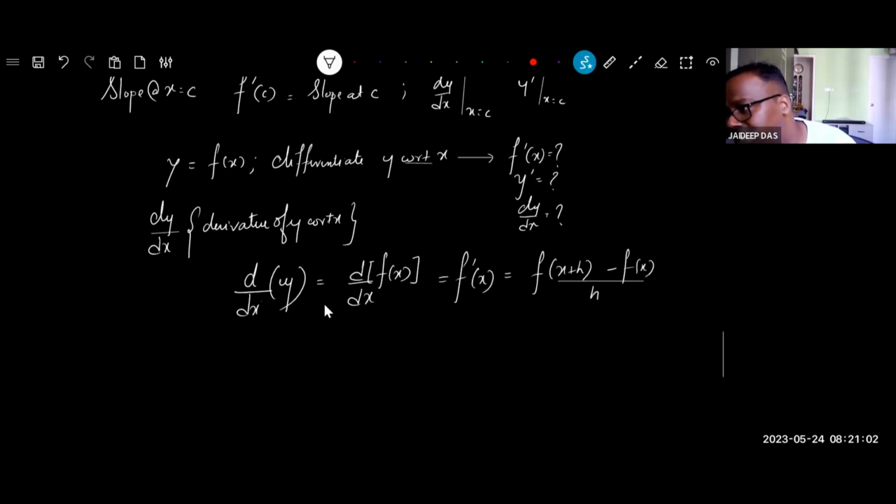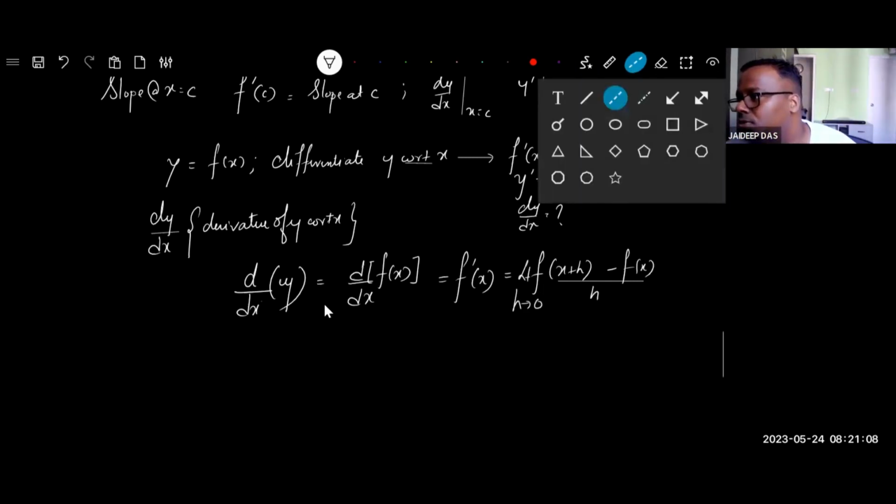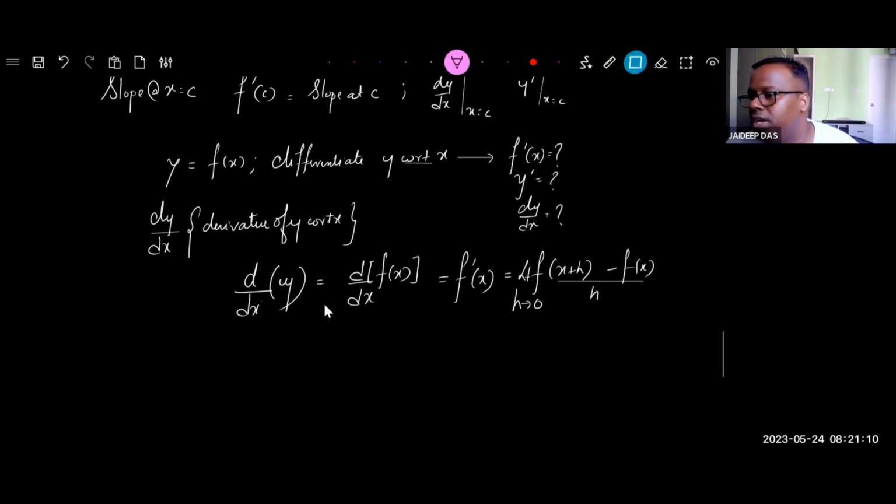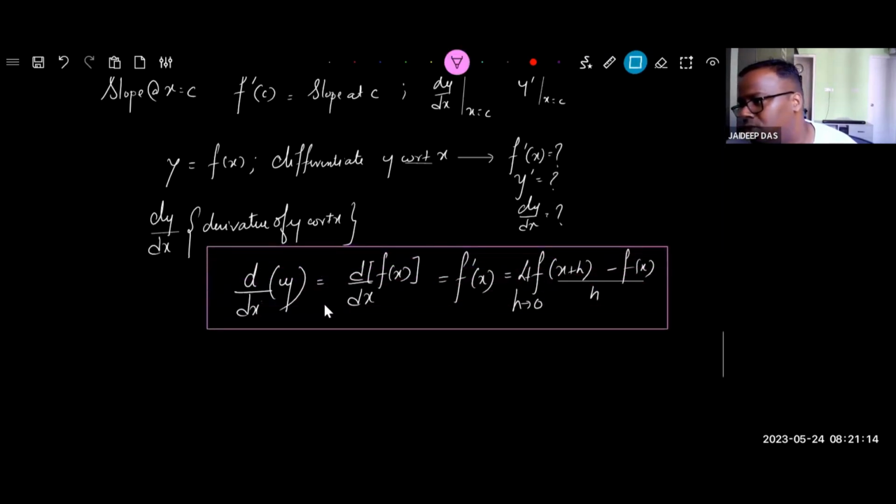But sir, this is delta y by delta x. Hold on, where h tends to 0. This is known as the first principle of finding the derivative, which you will find in maths also. And every function, when you try to calculate the derivative, you have to calculate it in this manner.